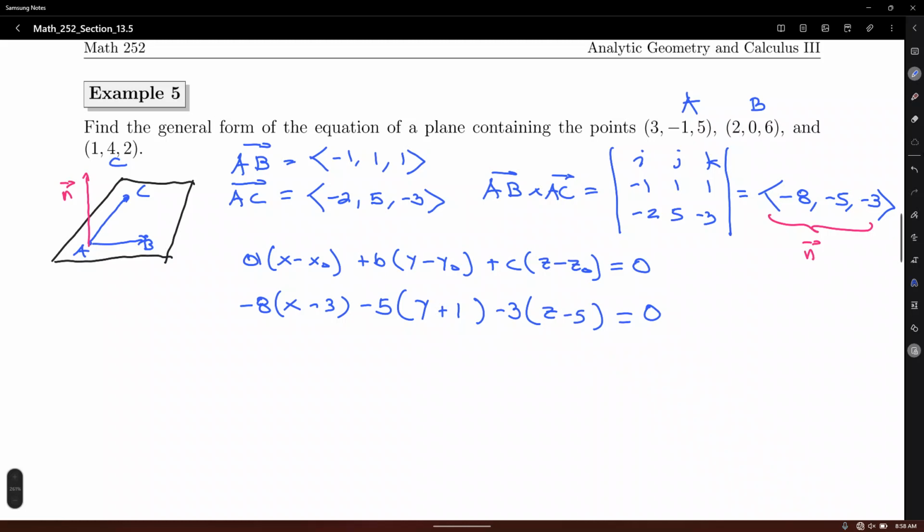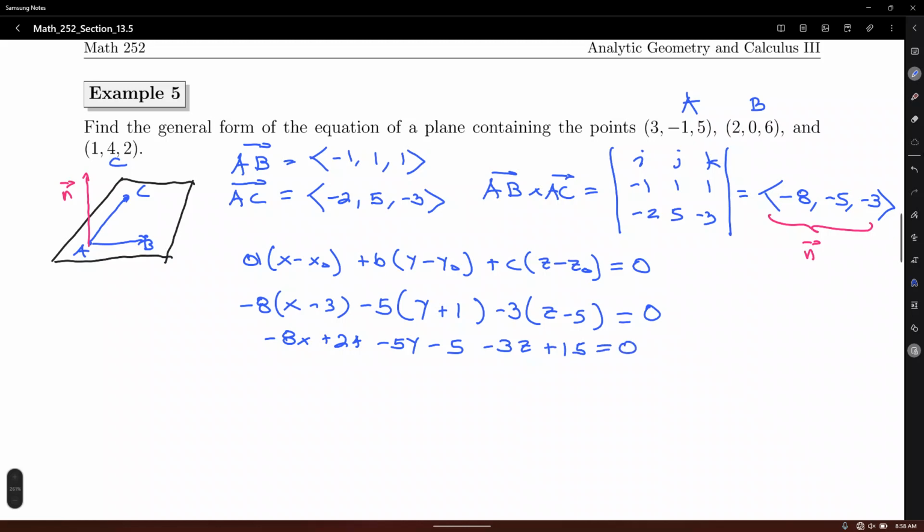That is, we need to do all the distribution, combine like terms, etc. That means I'm going to distribute negative 8 times x, that's negative 8x. Negative times a negative is positive 24. Then minus 5y, and minus 3z, negative times a negative is positive 15, and let that be equal to 0.